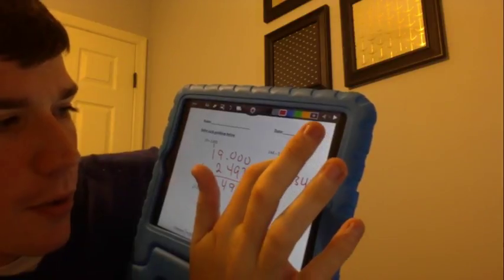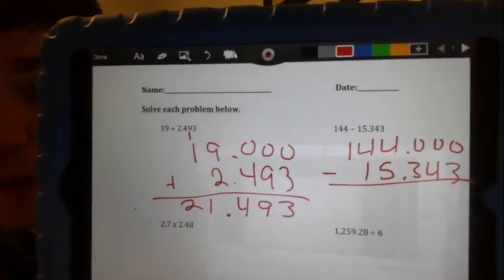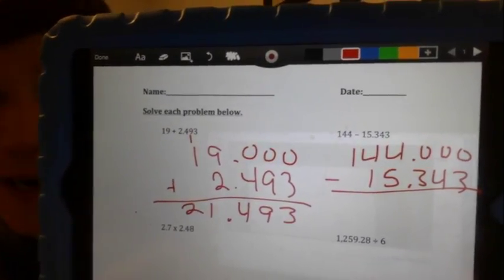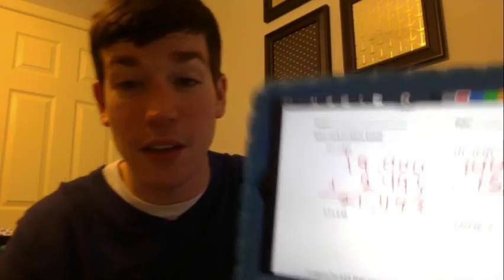So up here at the top I'm going to put 0.000, very similar to what we did on that last problem. I'm going to have 144 minus 15 and 343 thousandths. I'm going to let you finish that problem now that we have it set up for you.